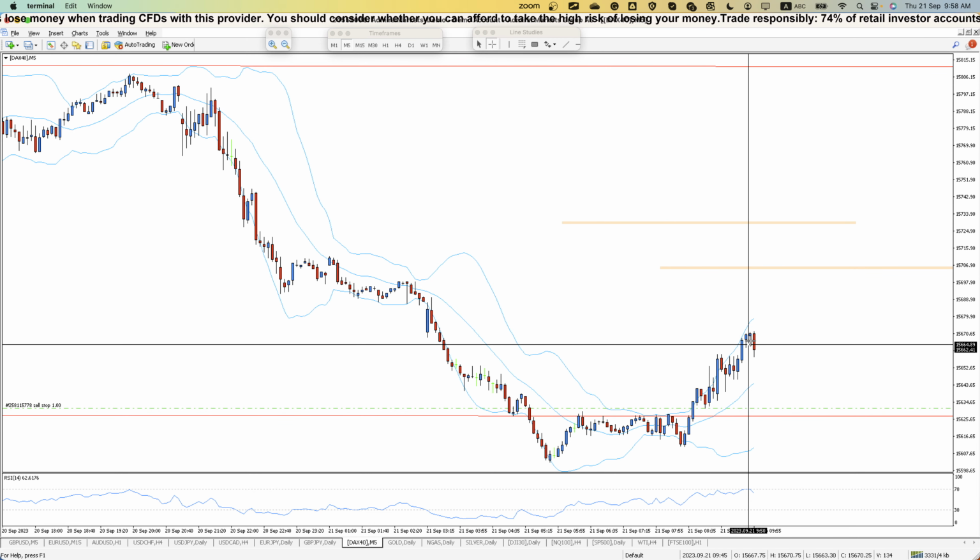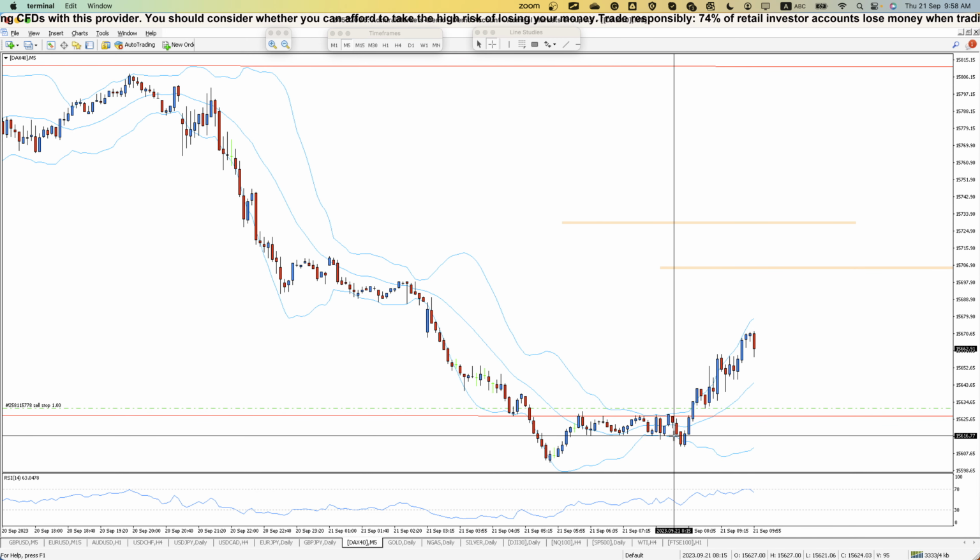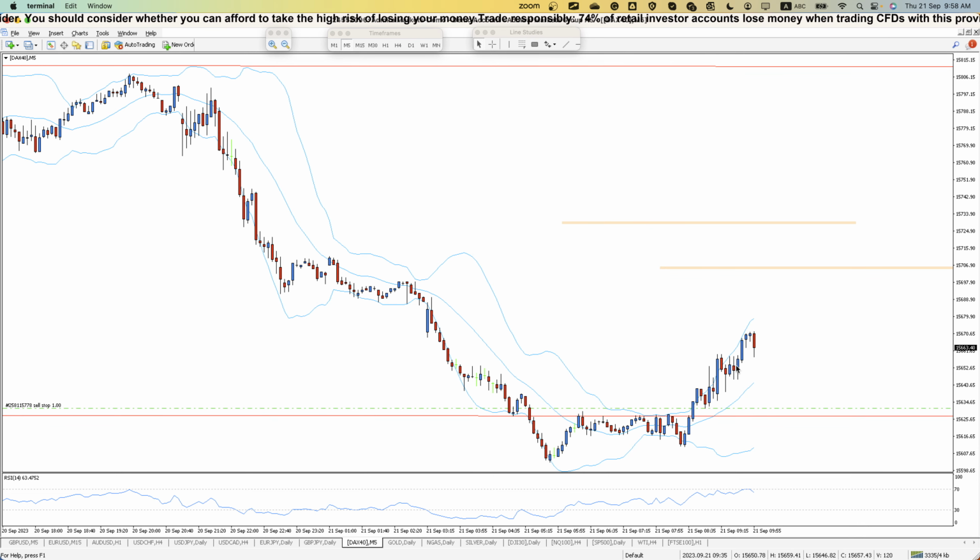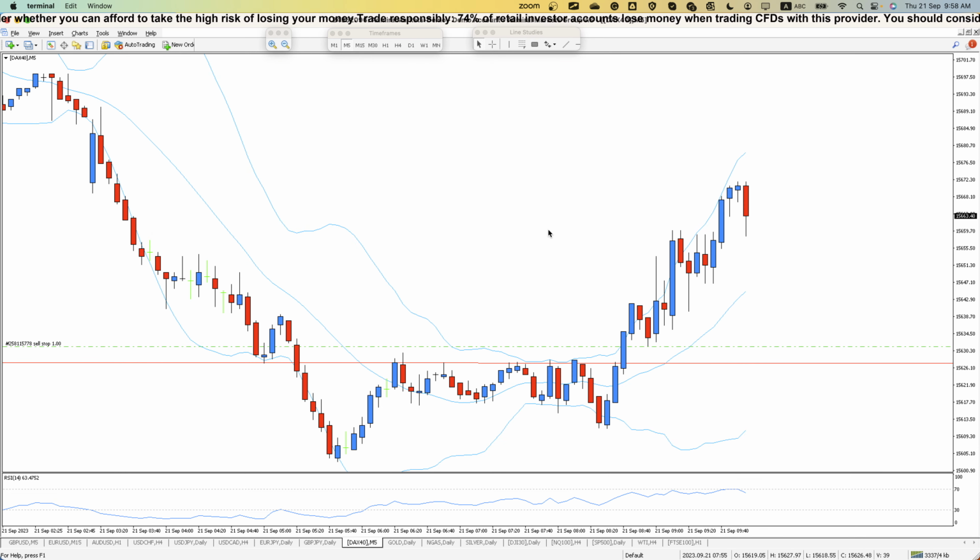So I'd rather stick to the higher time frame because I want to go for a 2-to-1, not only for 10 pips. So I'd rather stick to a sell stop below here.